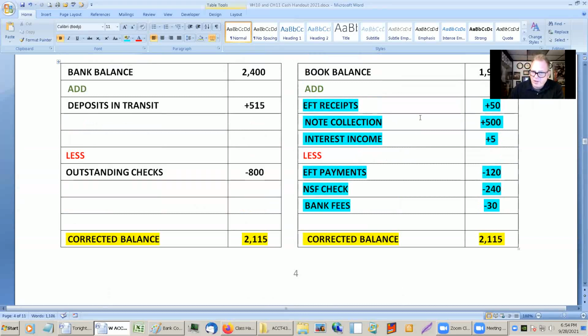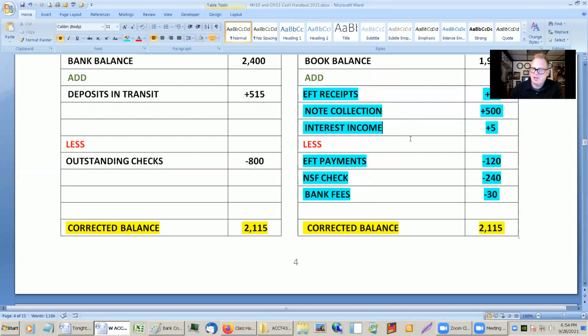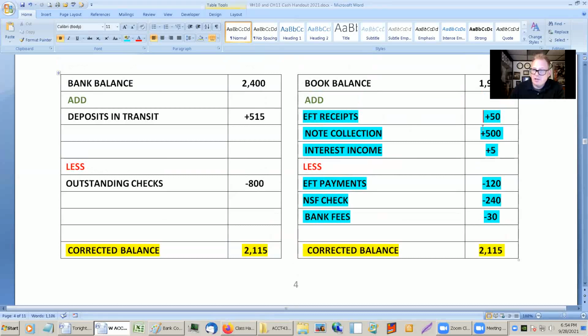And that's one of the things about the bank reconciliation. It isn't just a check to make sure that everything is on the up and up with the bank. It's also there so that the client will correct their books. So if you have a client that's not doing a bank reconciliation, it's very likely their cash is misstated, up or down. It could be either way. So these are all journal entries that must be made from that bank reconciliation.